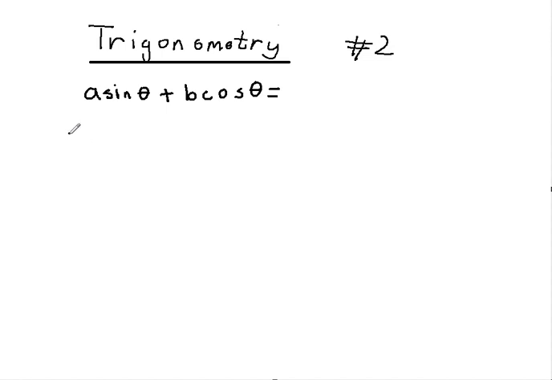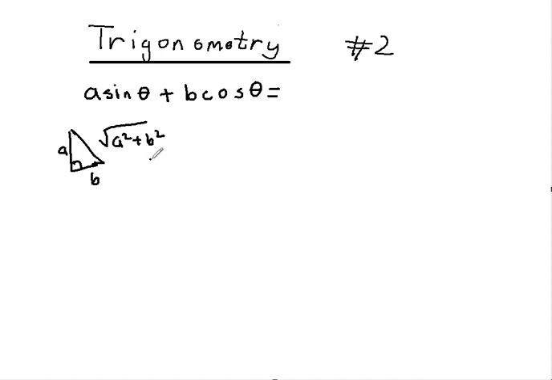So let's say we take a and b as the legs of a right triangle, and obviously root a squared plus b squared has to be the hypotenuse of that triangle, right?